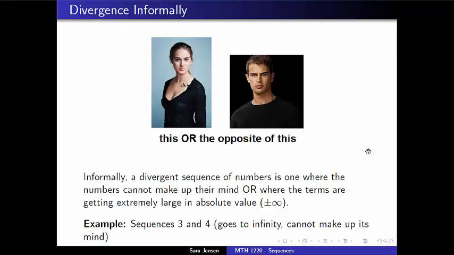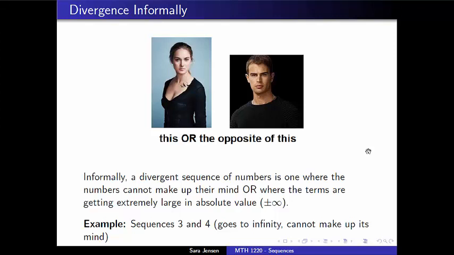Those 2 remaining sequences from our example of 6, sequences 3 and 4, they do the behaviors that we're seeing here. Sequence 3 goes off to infinity. That 1, 4, 9, 16, 25 sequence, that sequence of squares is just getting really, really big. However, the other sequence that we saw, the alternating sequence, negative 1, 1, negative 1, 1, that was never making up its mind.